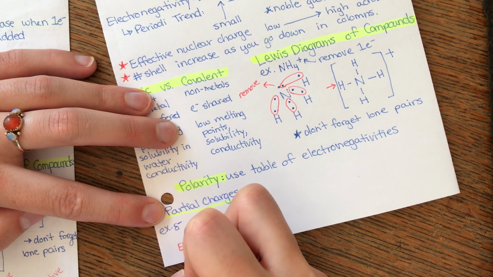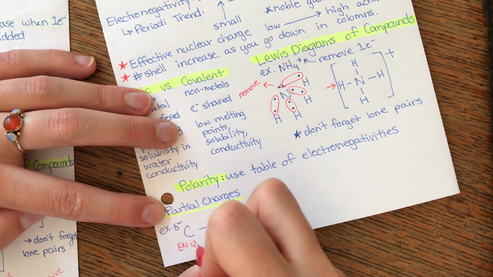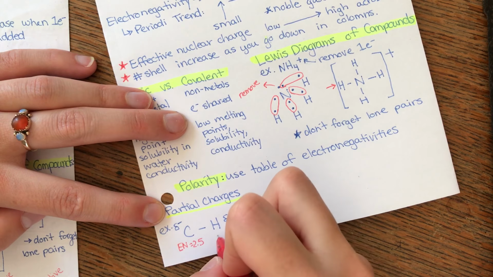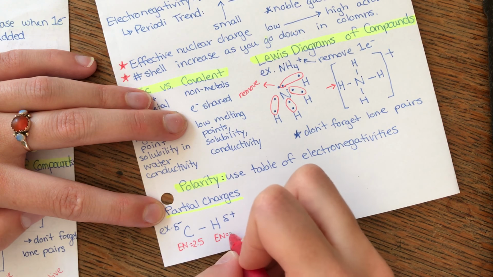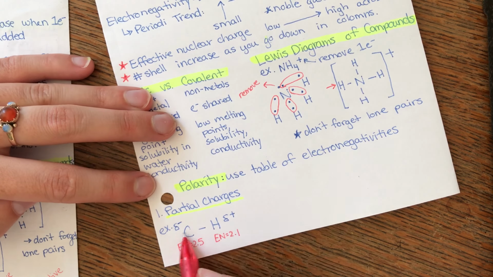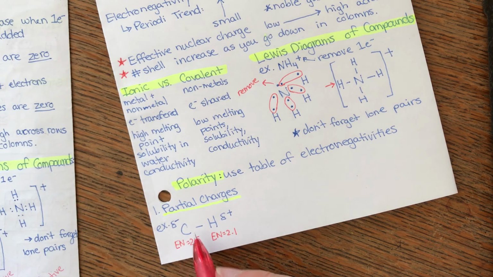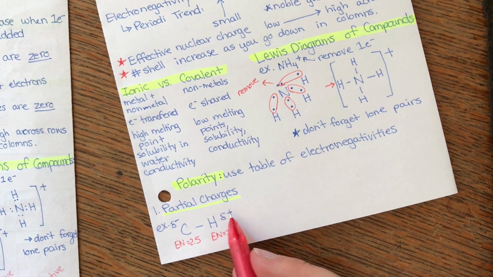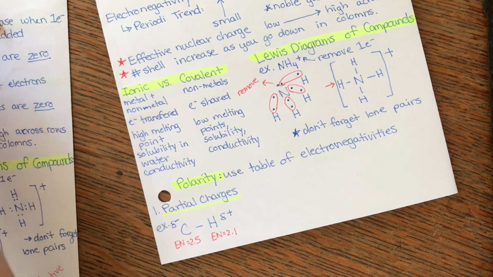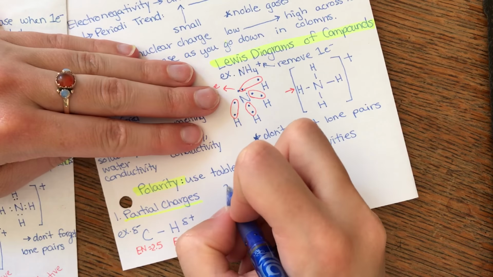So the electronegativity of carbon is 2.5, and the electronegativity of hydrogen is 2.1. So there's a slight difference. The electrons spend more time closer to the atom that has a higher electronegativity. So the partial charges are those little delta minus and delta positive. And you can show those for all the different bonds in a compound.